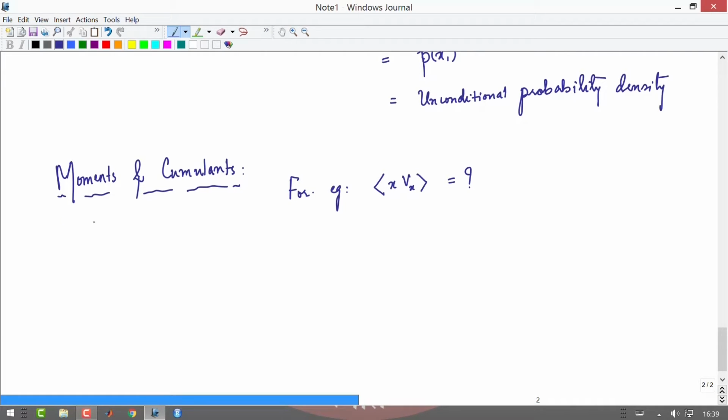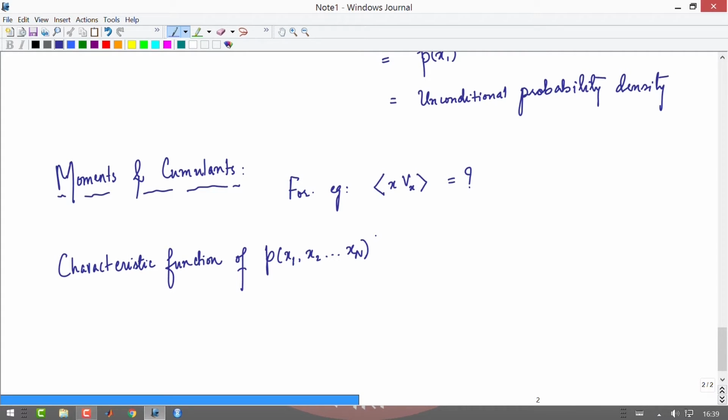Okay. So, let us compute the characteristic function of our multivariable PDF.